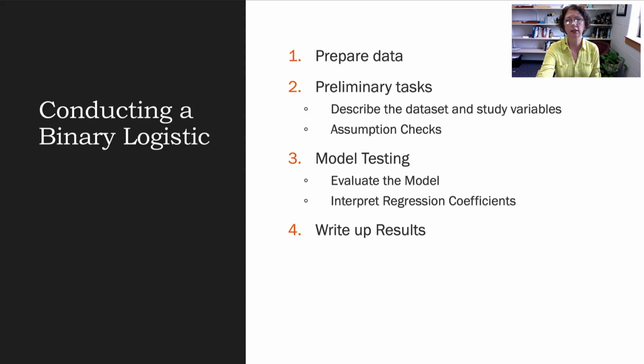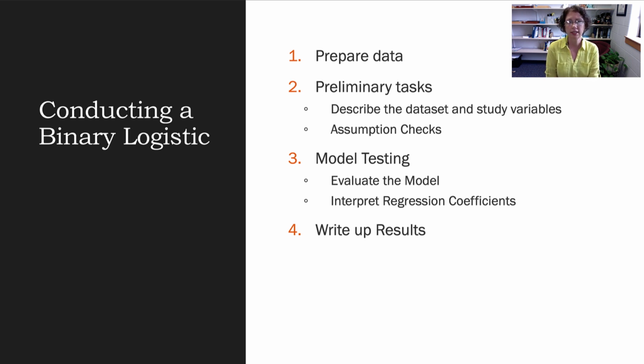Now, to conduct the regression, we need to prepare the data, do our preliminary tasks like describing the data set and the study variables, assumption checks, but then we get to the model testing part where we need to evaluate the model and interpret the regression coefficients, and then write it all up to make the information approachable and available to our reader.